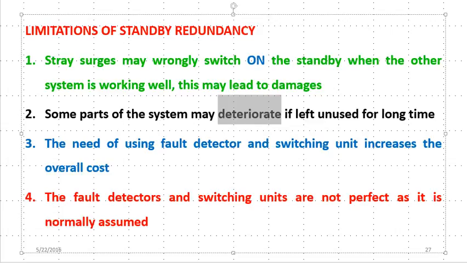Another limitation is the need for a detector and switching units. The switching and detecting units are not free of charge, therefore the overall cost increases.